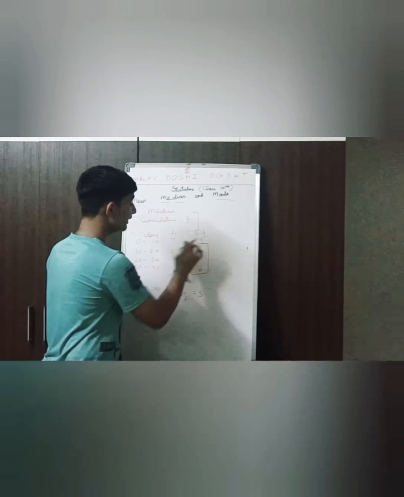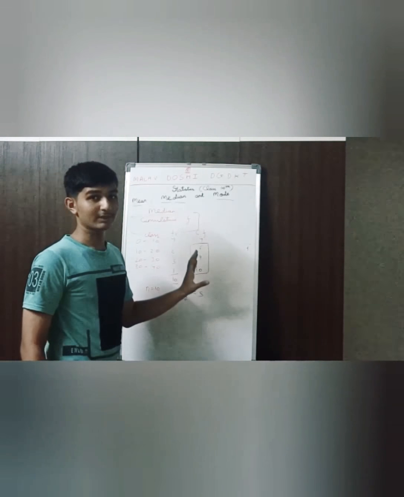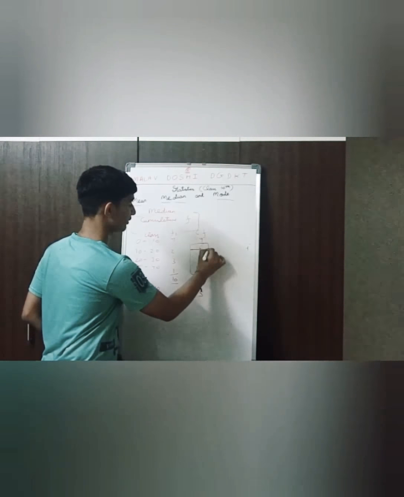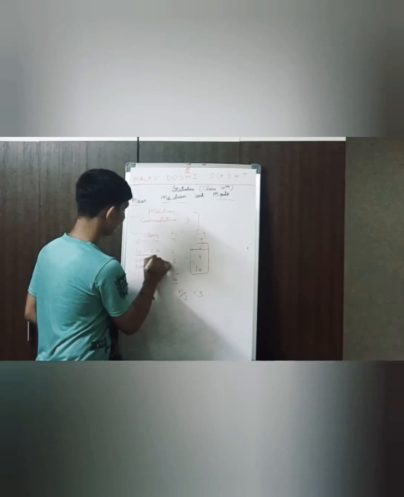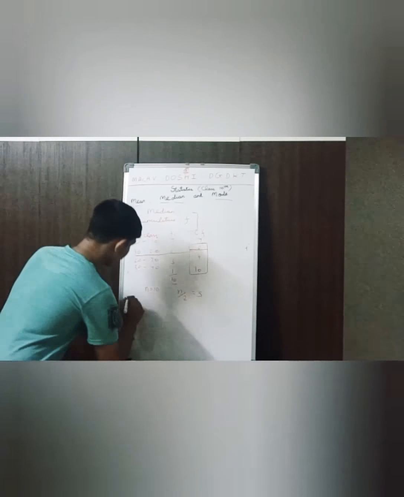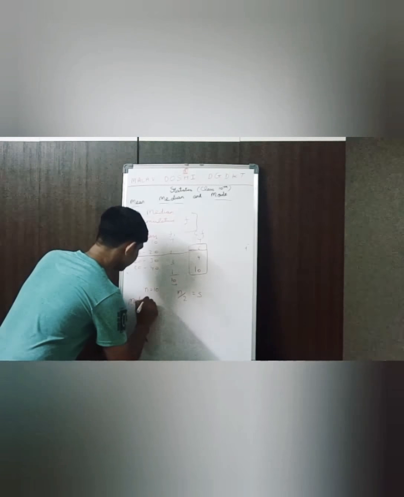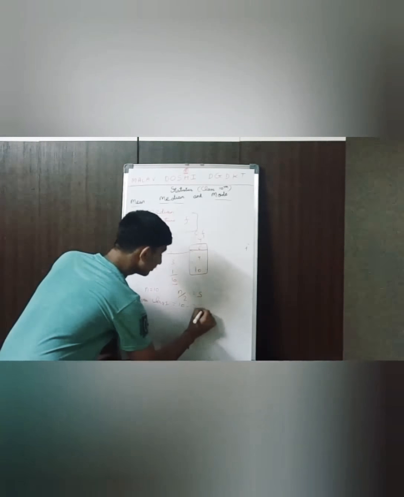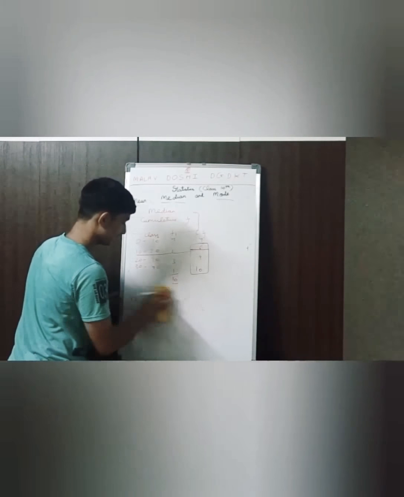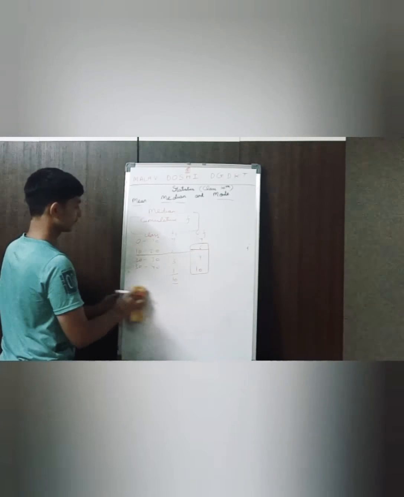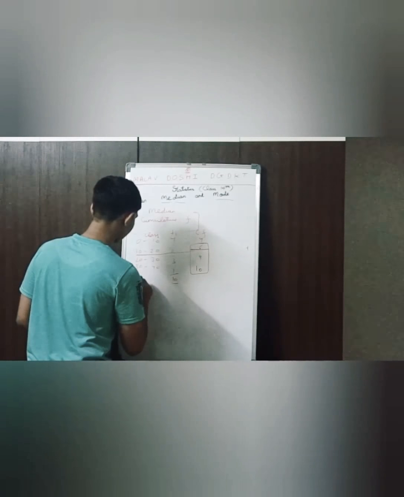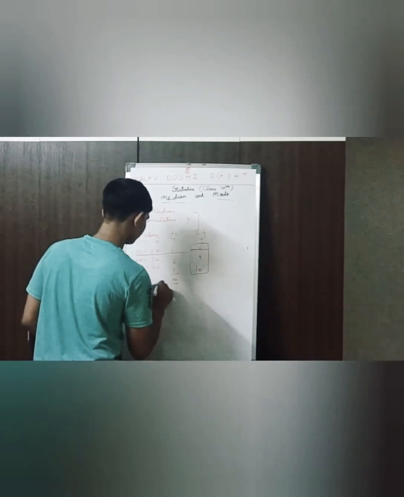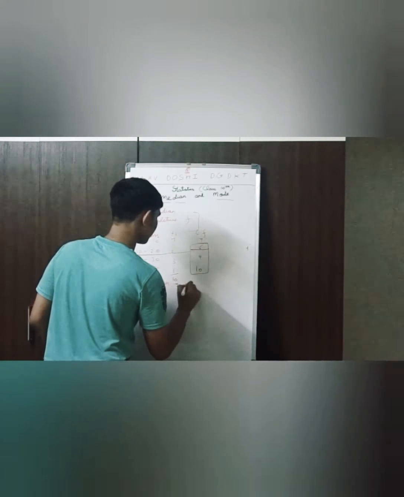Now see the class with the smallest value. Here 6 is the smallest value, so the class in front of it is 10 to 20. Therefore the median class is equal to 10 to 20.